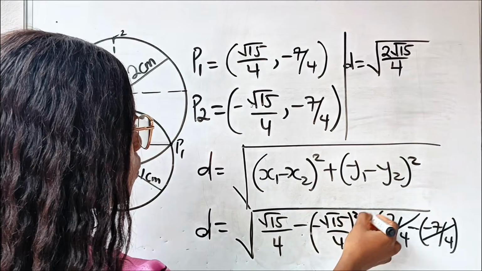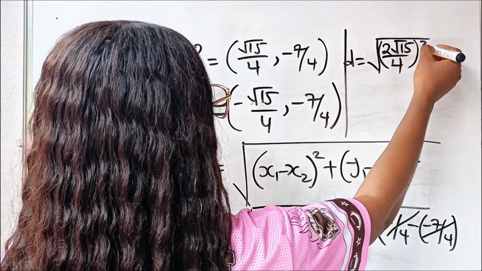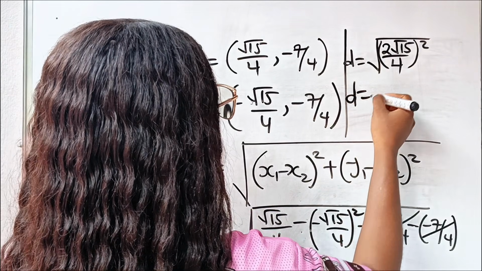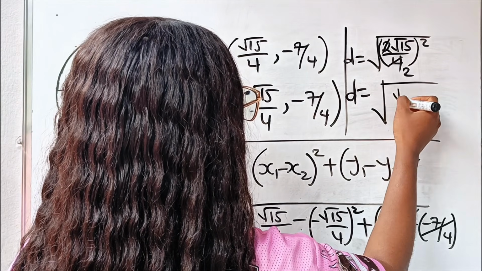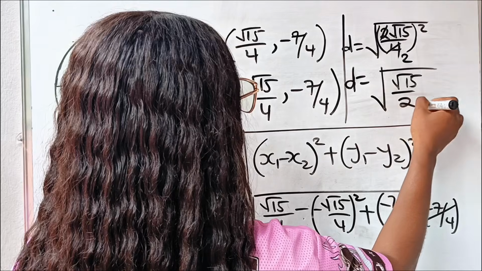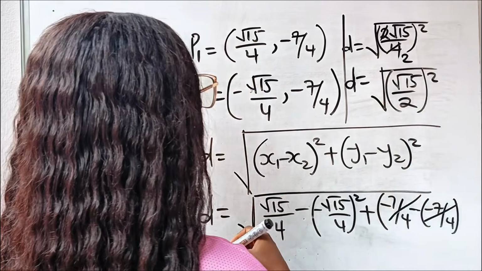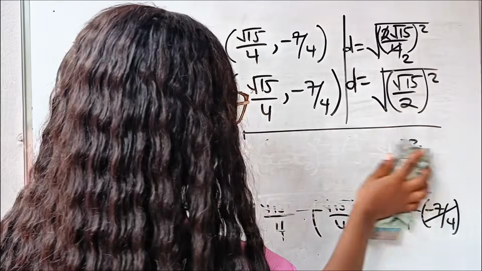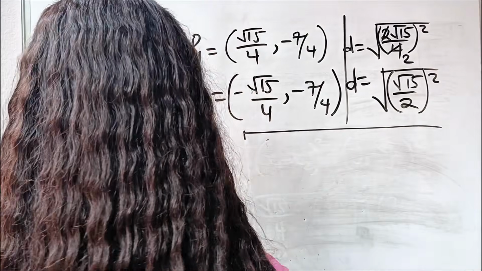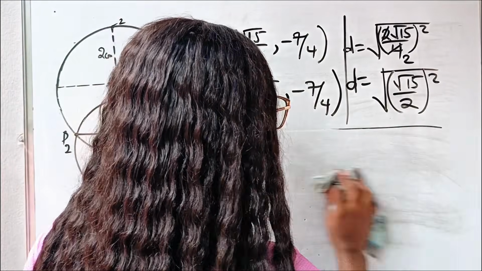Plus, now minus minus is plus, so we have minus 7 over 4 and plus 7 over 4, which is 0. That is why I left that side. And now here I remember that we are supposed to square, and that is what we did. Now 2 divided by 4 gives 2 in the denominator, so we are left with root 15 over 2 all squared.